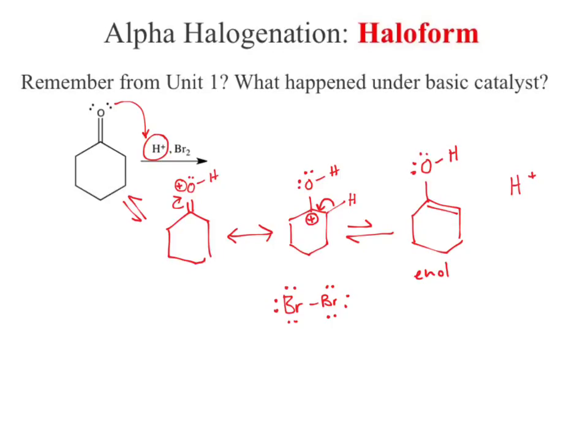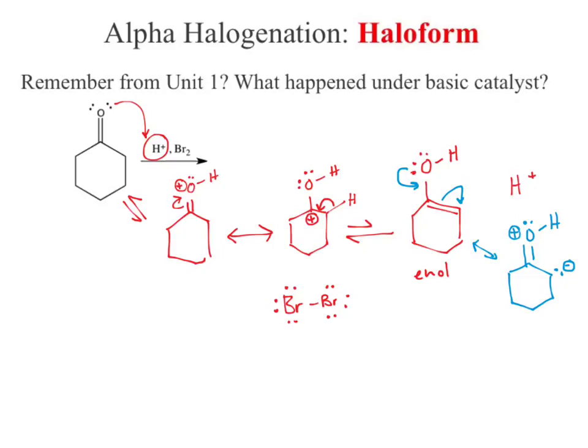But what is now unique about our enol? What do we have? Say that a little bit louder. We now have a nucleophile. Do we have something electrophilic in solution?